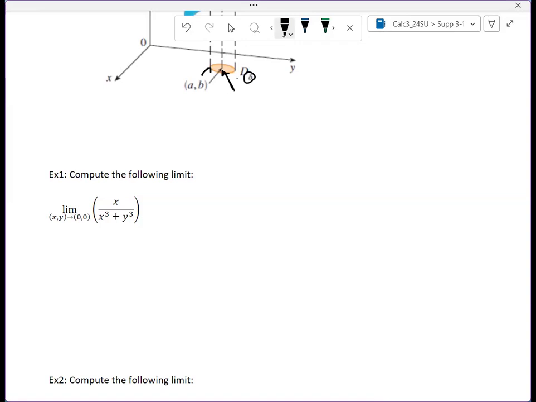What if I approach along a path that looks like (0, y), where y is not equal to 0? Here I'm setting x equals 0 and approaching along the y-axis.